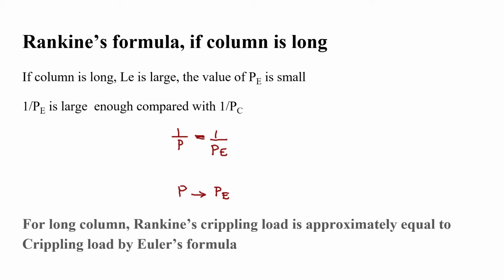So the crippling load given by Rankine's formula will tend to be Pe, the Euler's crippling load. That is, for a long column, Rankine's crippling load is approximately equal to the crippling load given by Euler's formula.